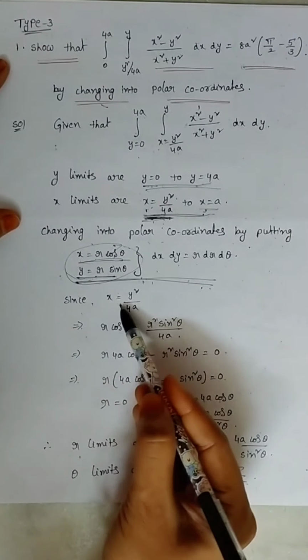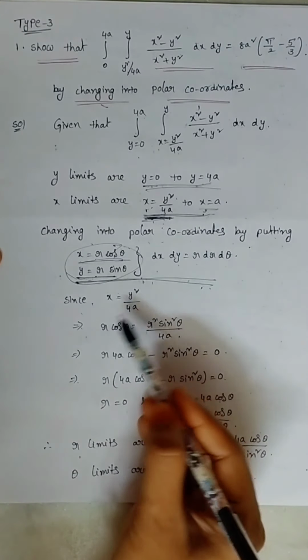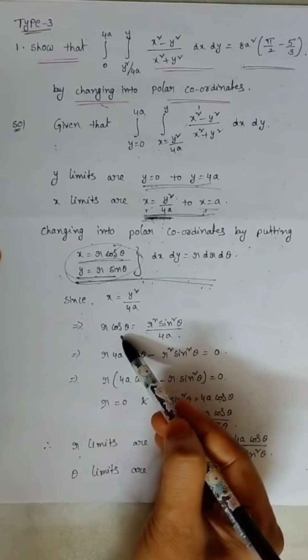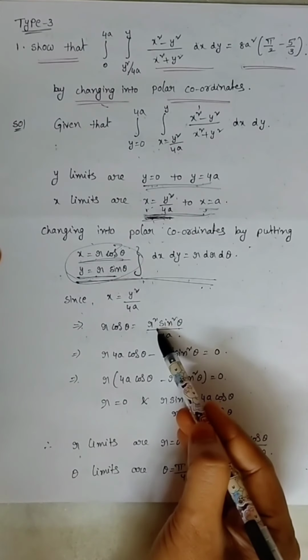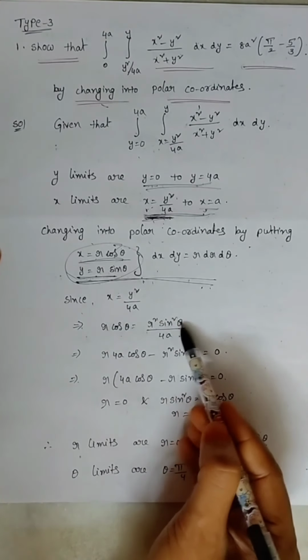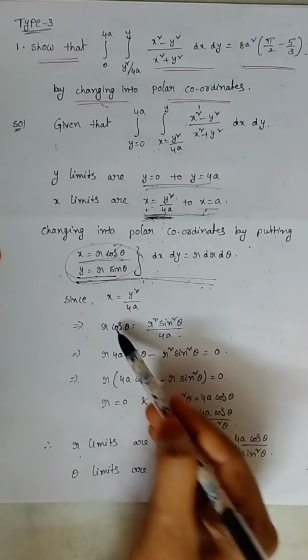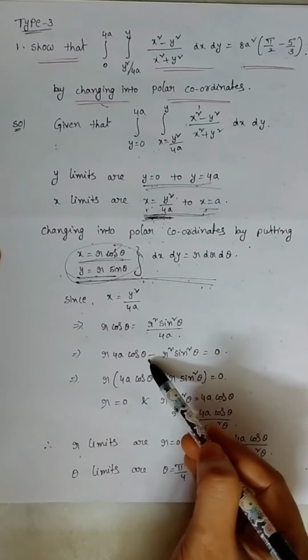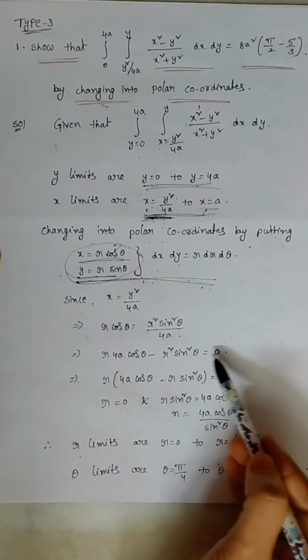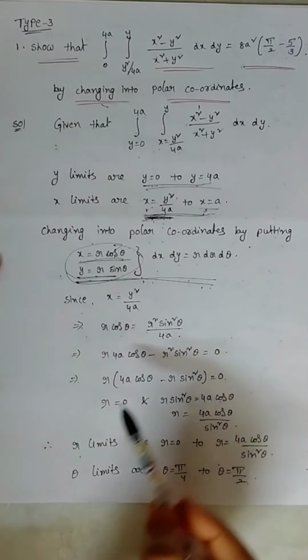Since x equals y square by 4a, substitute x as r cos theta and y as r sin theta: r cos theta equals r square sin square theta by 4a. Take this to the left side and cross multiply: 4a r cos theta minus r square sin square theta equals 0.